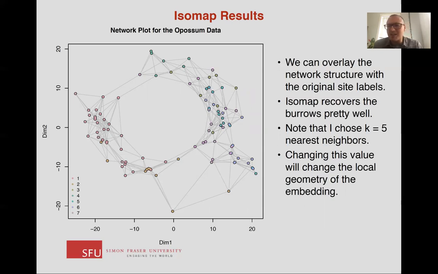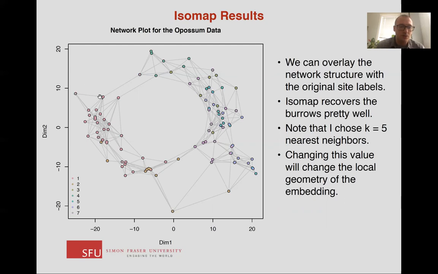This doesn't look exactly like what we got from MDS, and we shouldn't expect that it will, because this is a different method. Whereas in MDS we're using the Euclidean distances between all points, here we're using Euclidean distance for the k nearest neighbors, and then we're finding these geodesic distances. To get an idea of what that means, let's find the geodesic between this point and this point, for example.